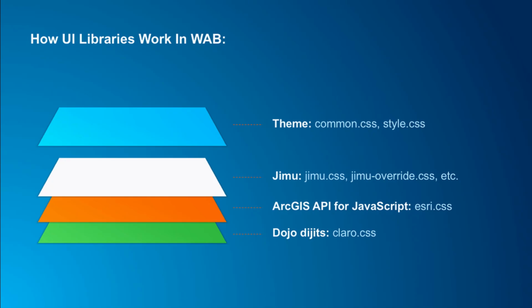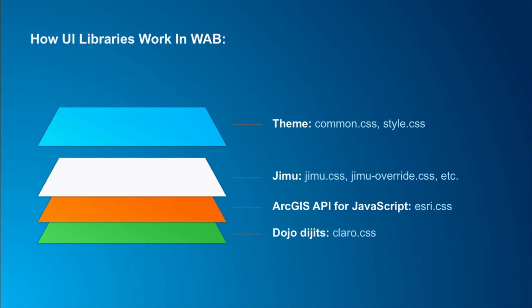But at least for the 3.x API, starting 4.x, we are slowly removing those Dojo Dijits. And on top of these two frameworks, we have the GMU framework that is providing its own UI components and also overwriting some of the styles of the Dijits or widgets from these two frameworks below.